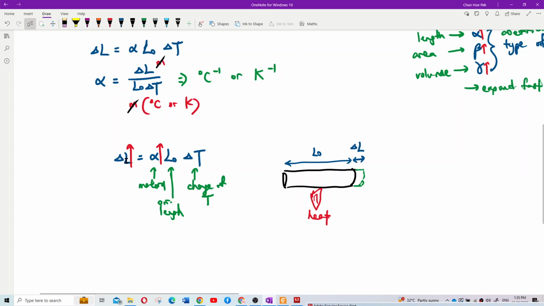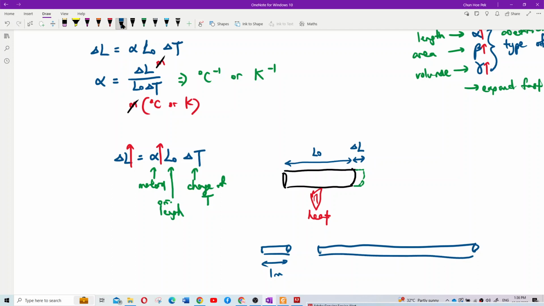And then what other factor influences the change of length? It depends on the original length. Which one will expand faster if you heat up a 1 meter rod compared to a 100 meter rod? I have two rods. One rod is only 1 meter.